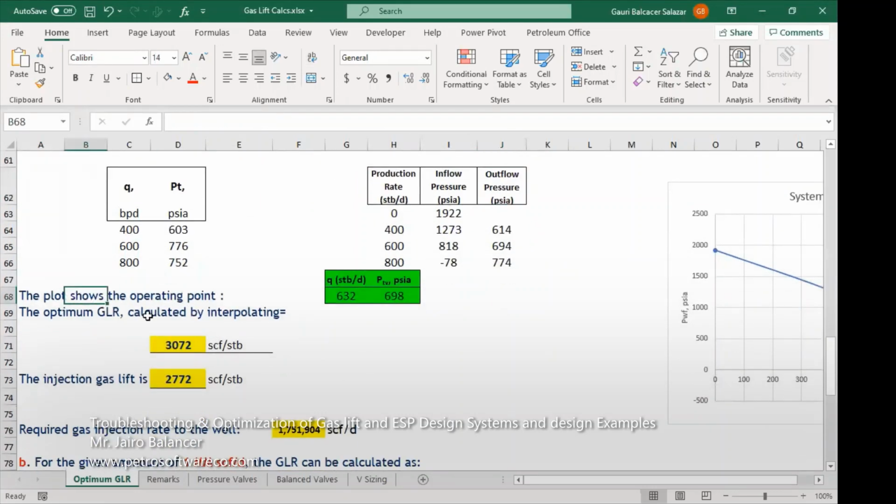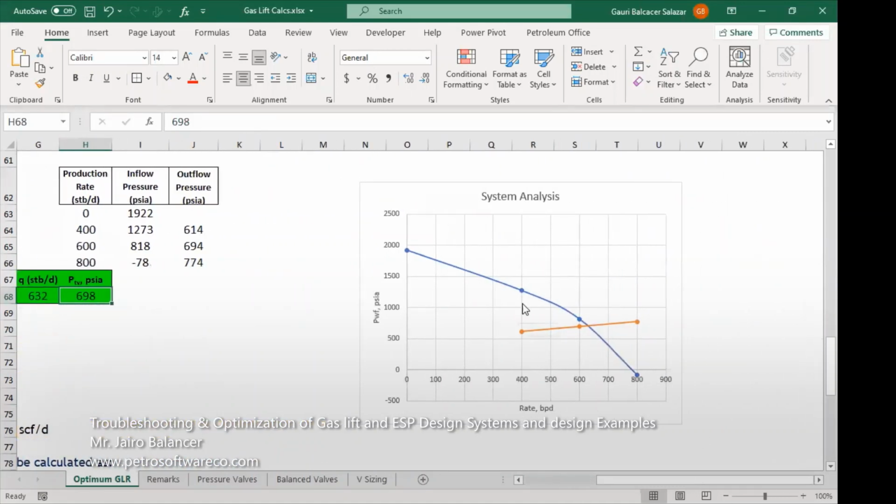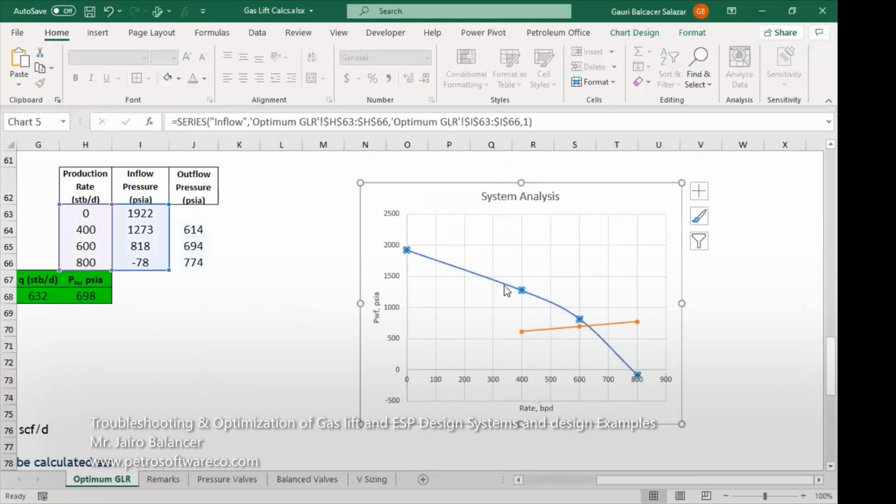The plot shows the operating point here for this rate. We have the pressure, which is basically in this system analysis right here.